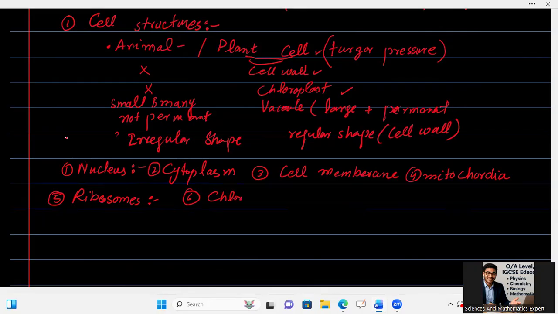Chloroplasts have chlorophyll. And there is a cell wall, which provides support for plants and is fully permeable. It does not stop any material.